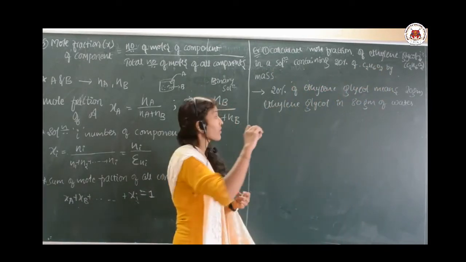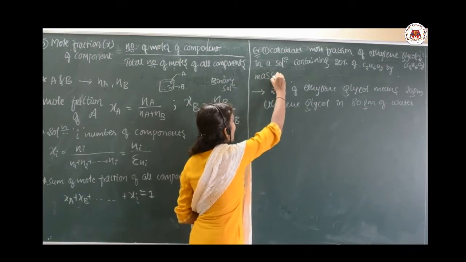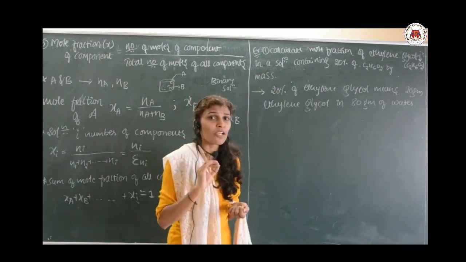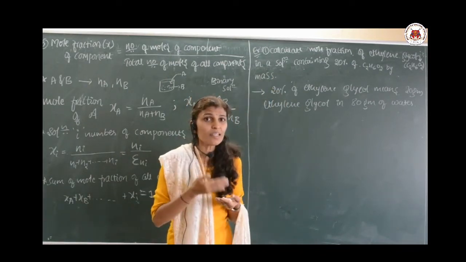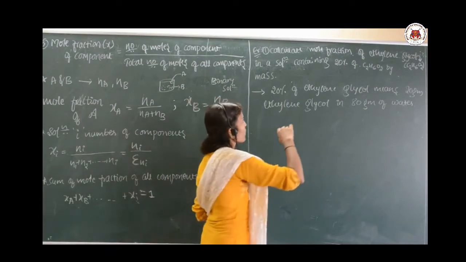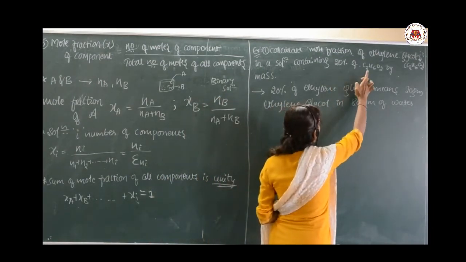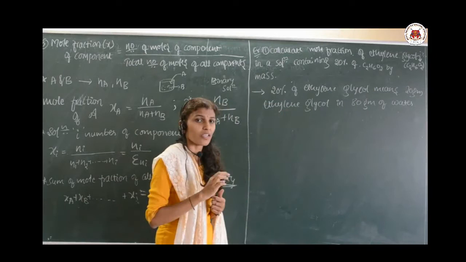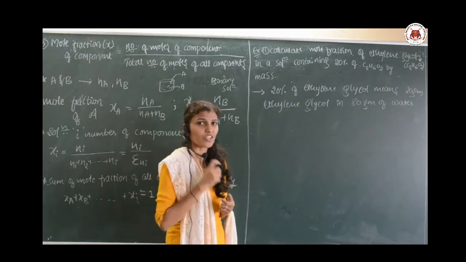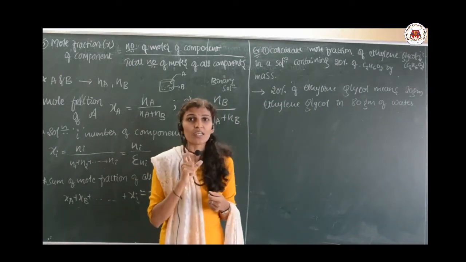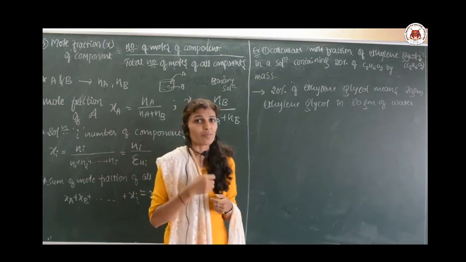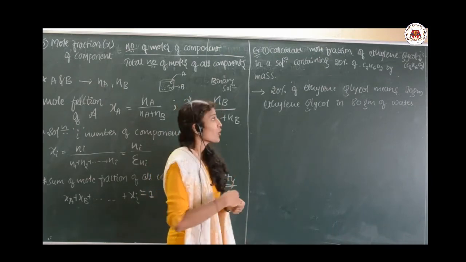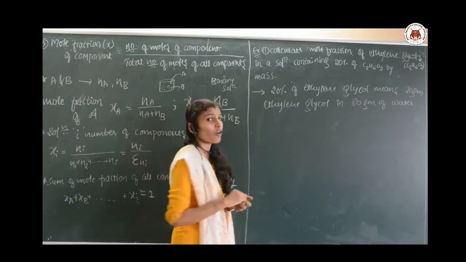So what is the question? You have to calculate the mole fraction of ethylene glycol, and the hint they have given is 20% of ethylene glycol by its mass. That solution is given. So see here, 20%, it is a mass by mass percentage. 20% of ethylene glycol means what?